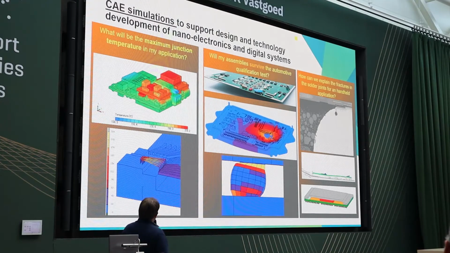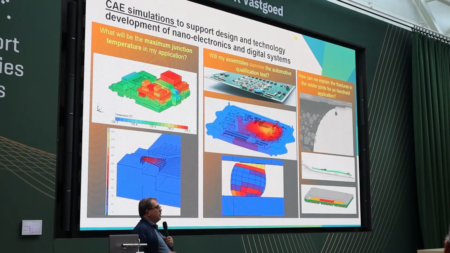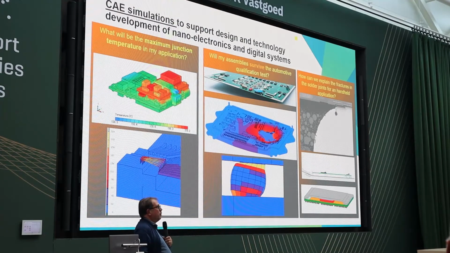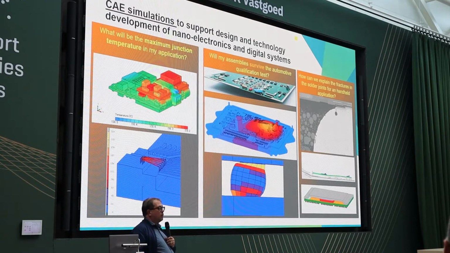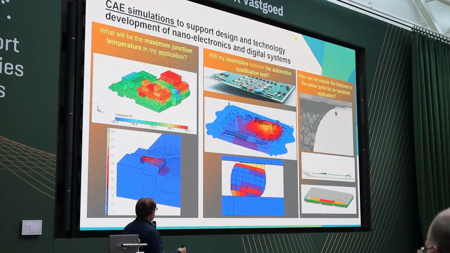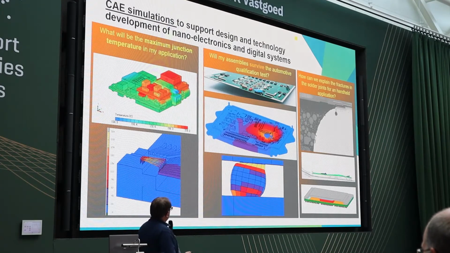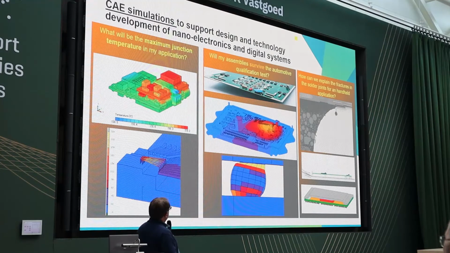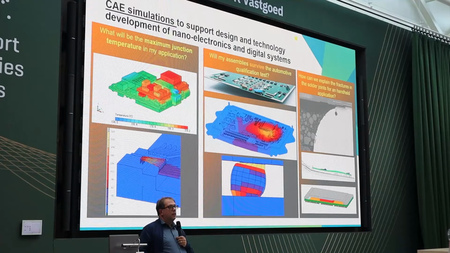If you have an electronic system, small or large, what will be the maximum temperature due to the heating of the processors, the power components, or just due to Joule heating inside very tiny wires with a large current? Also, if a product has to be qualified, space or automotive qualified, before you make the first prototypes and do the testing, you first do the simulations.